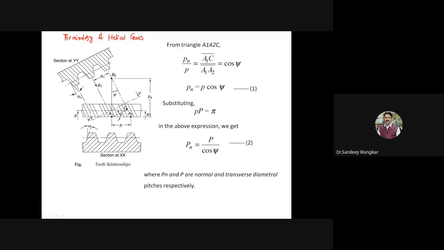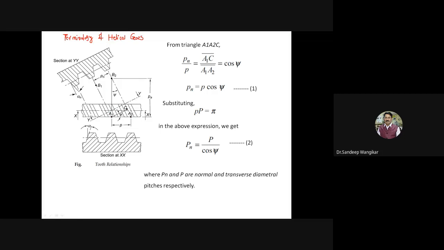Okay, so let us proceed with this terminology. From this diagram, if I say triangle A1, A2, C, so I am considering this point as A1, this point as A2, and this point as C. So I am considering the triangle A1, A2, C. You can see here in the diagram.